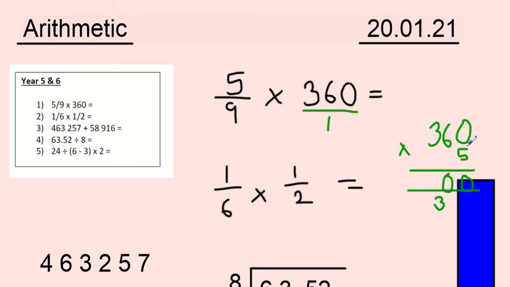And 3 times 5 is 15, brilliant. Add the 3 we've carried, 18. Okay, so we know our numerator then is 1,800. I'm going to rub those jottings out for us, so if you need to use them now, just pause the video.